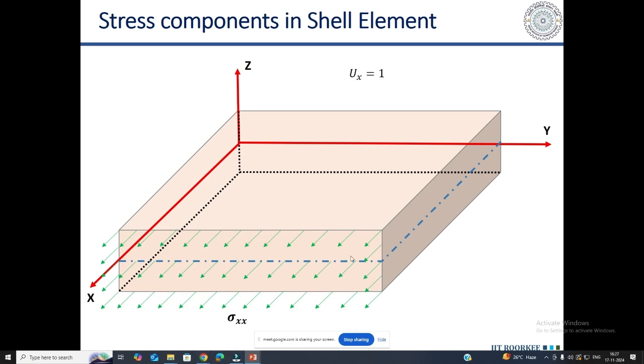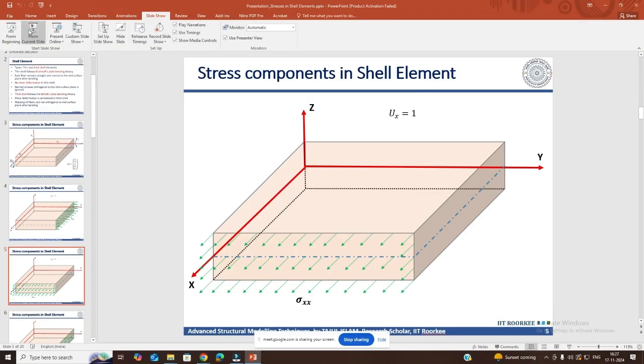Okay, and according to the shell definition in ETABS, this is the 2 direction. Okay, and this is the 1 direction. Let me show with an arrow.